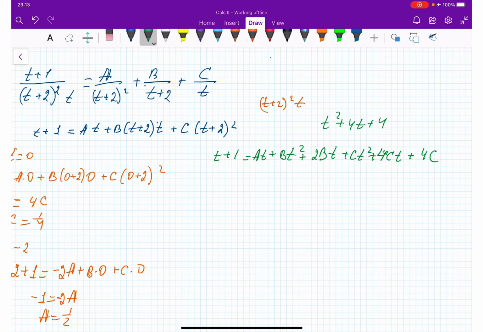Okay, so what do we have here? We have bt squared, ct squared, and then we have at, 2bt, and 4ct.